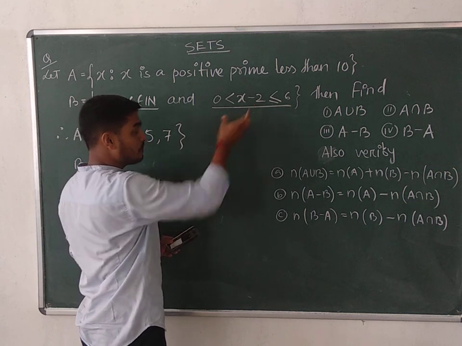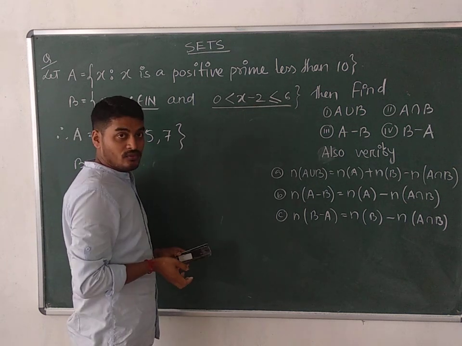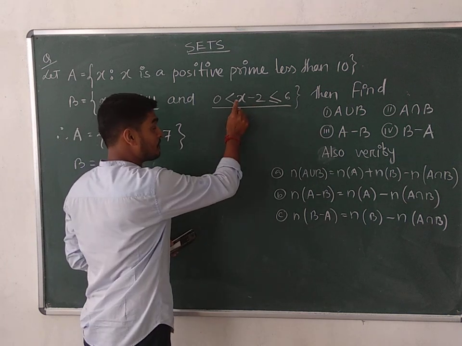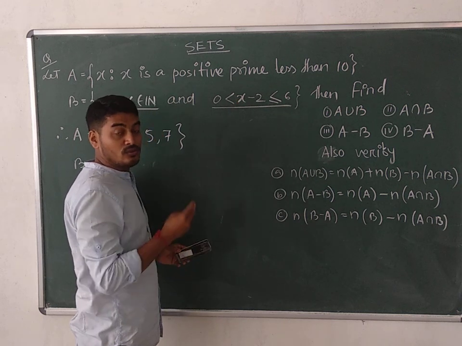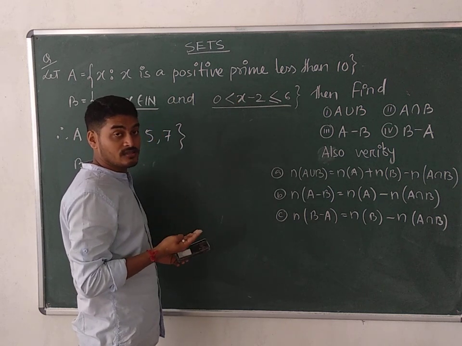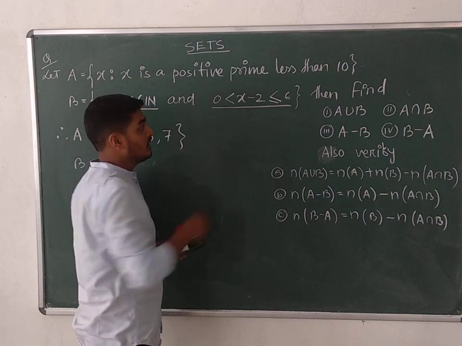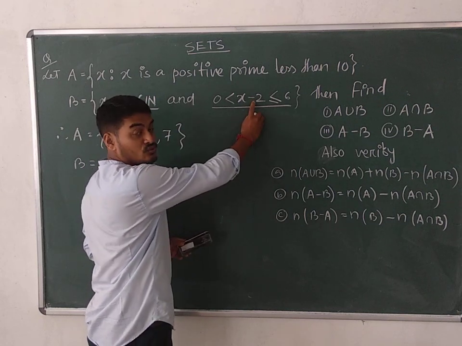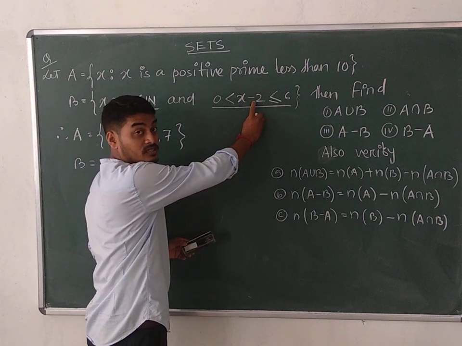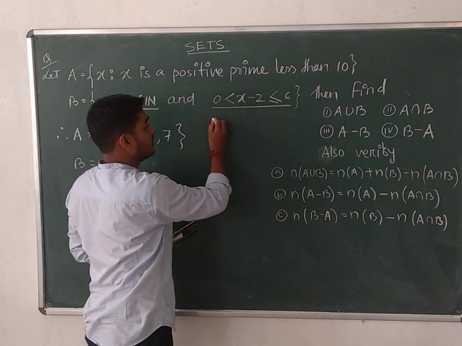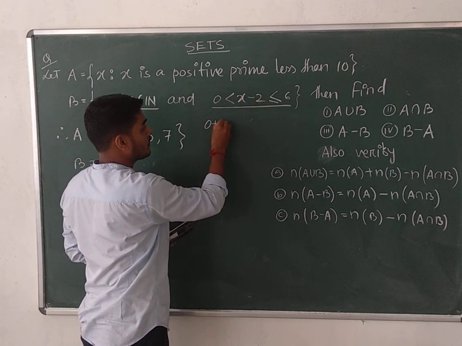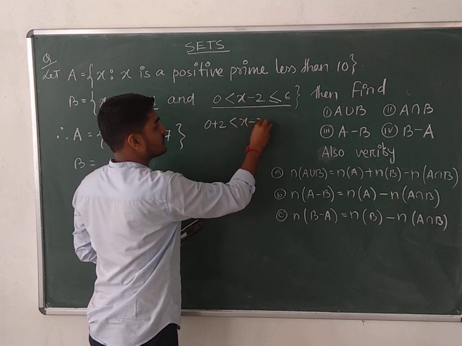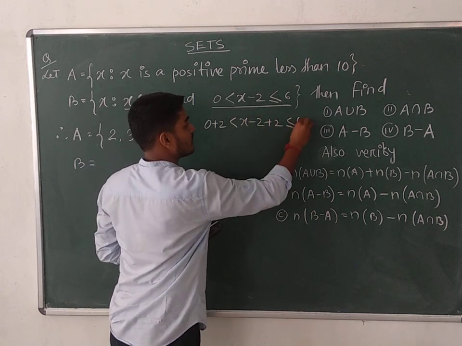To simplify the inequality, that means to get the exact value of x, what will we do? We will try to remove all those terms which are other than x. That means to remove minus 2, we have to add a positive quantity 2 to each and every term. So 0 plus 2 less than x minus 2 plus 2, less than 6 plus 2.